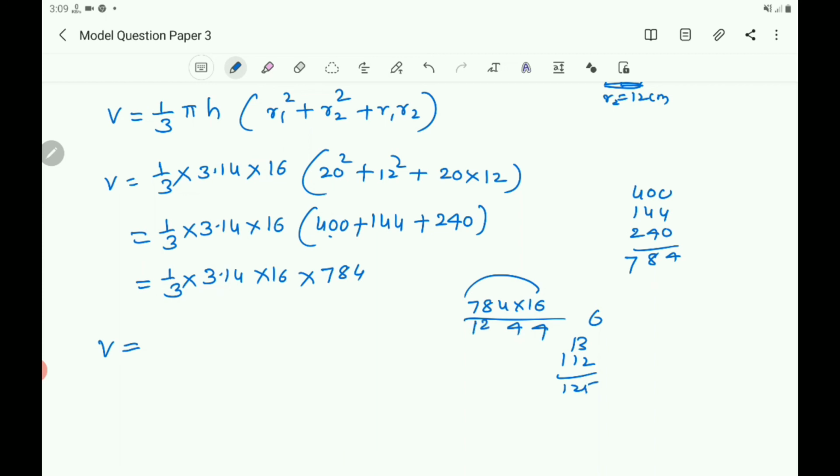So write 12544, that is 1 by 3 into 3.14 into 12544.